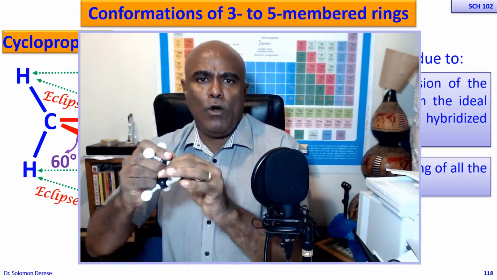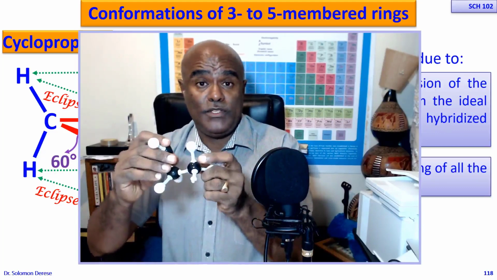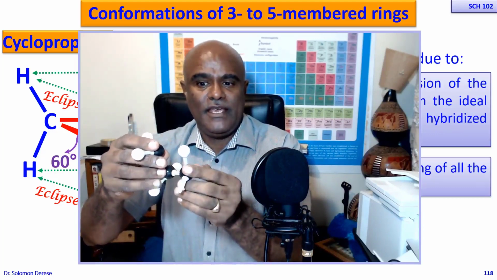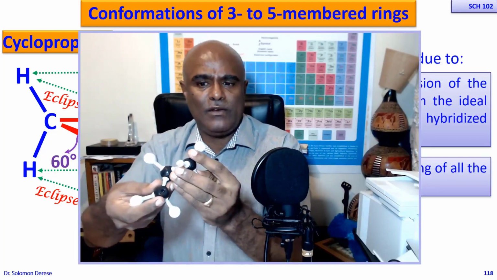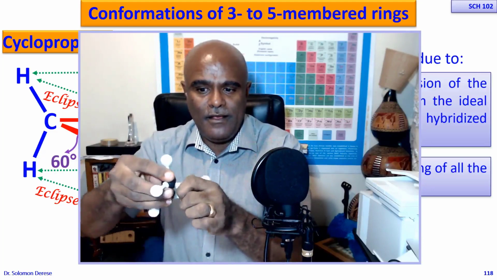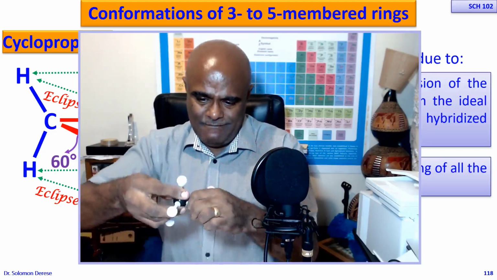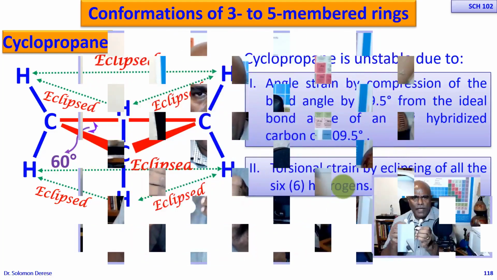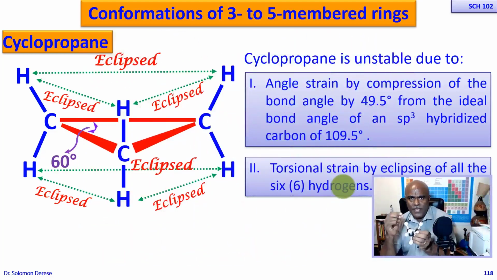When the open chain, which is free with a bond angle of 109.5 degrees, that can adopt staggered conformation, forms a ring like this, it has brought a lot of strain to the ring by reducing the bond angle from the ideal 109.5 degrees to 60 degrees, by causing eclipsing of all the six hydrogens.